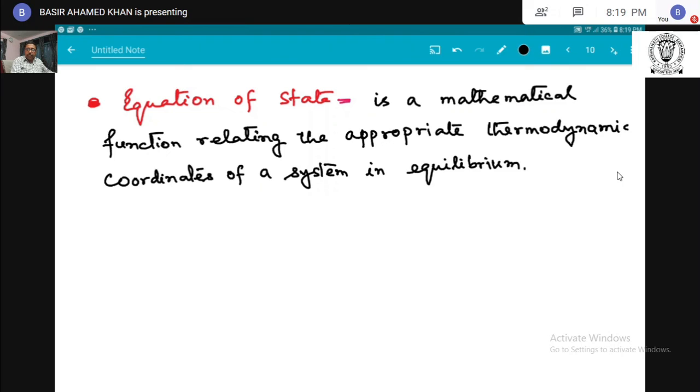Every thermodynamic system has its own equation of state. Suppose, for example, a system consisting of a gas at very low pressure has the equation of state of an ideal gas.